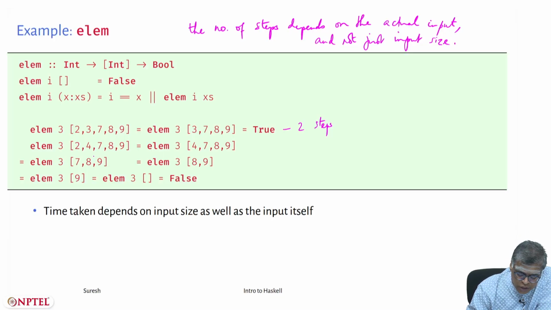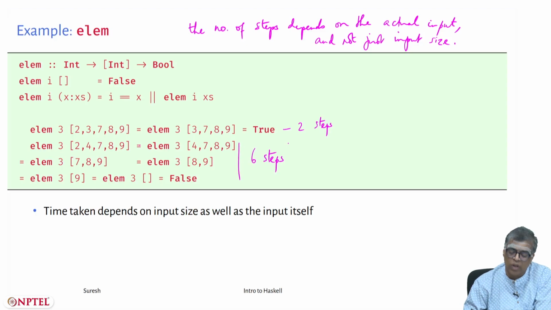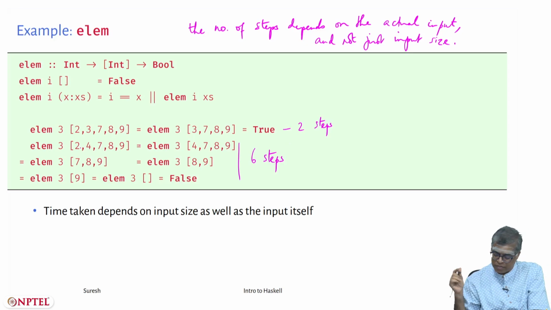And now here we actually took 1, 2, 3, 4, 5, 6 steps. Okay. So the point is, both inputs are of the same size. You have a number and you have a list. Both these lists are of the same length, but in one case you took only 2 steps, in another case you took 6 steps.